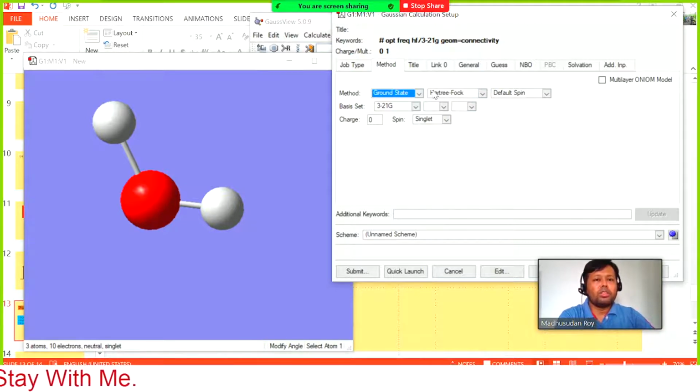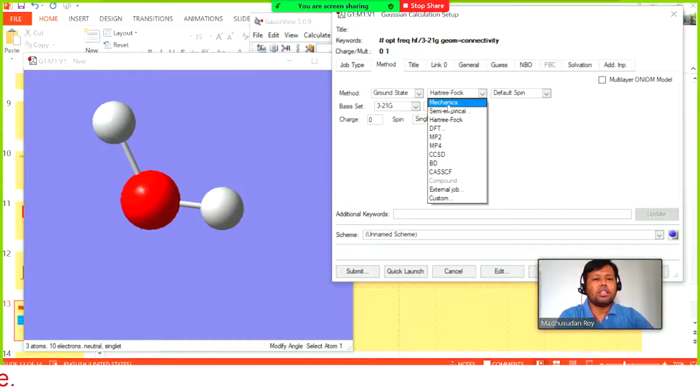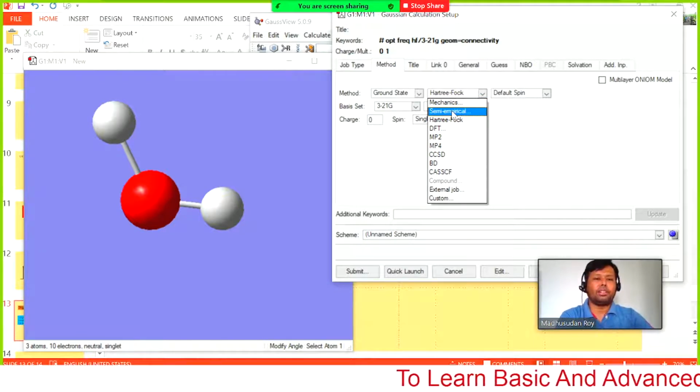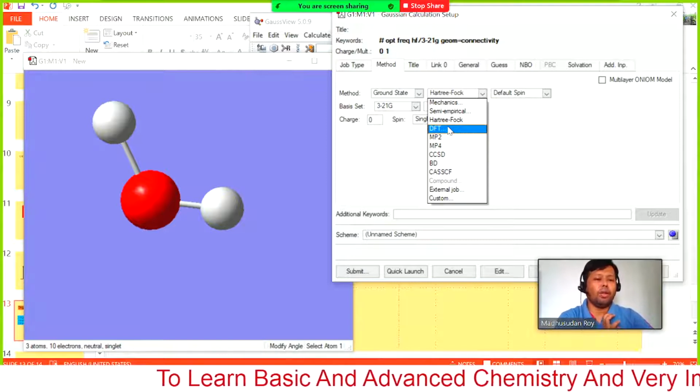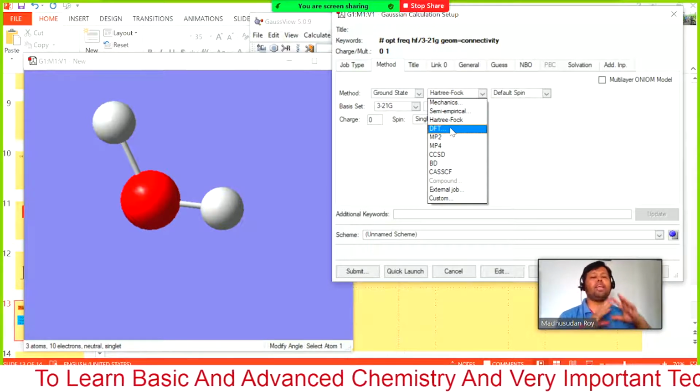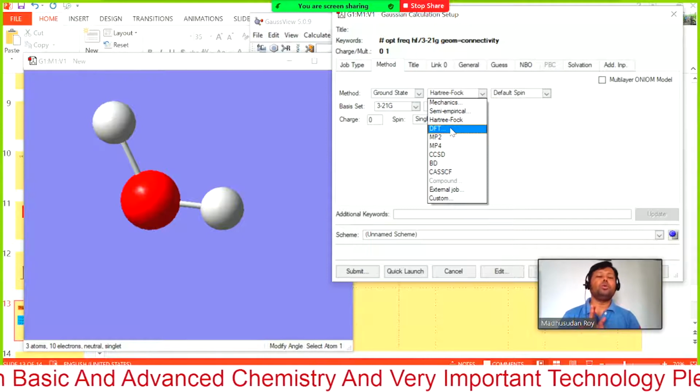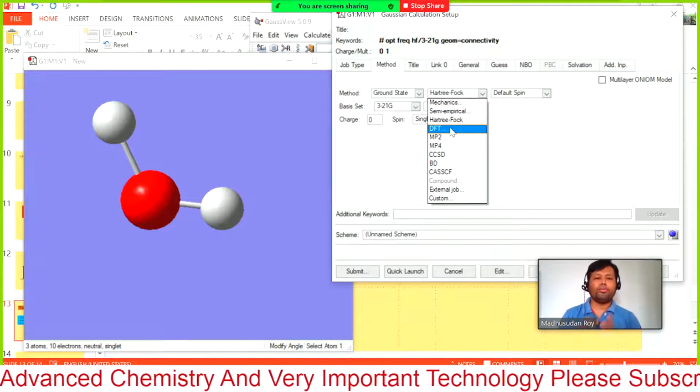Then we have the method. If you choose, this is the first, this is the semi-empirical Hartree-Fock. These are very old methods and not very accurate. So we will choose something reasonable. We don't want to spend very long time, and also we don't want to get a very bad result.